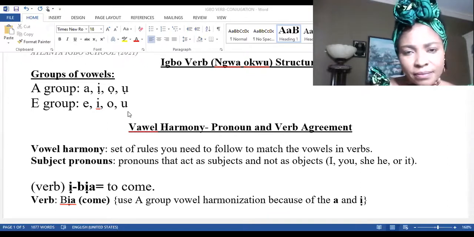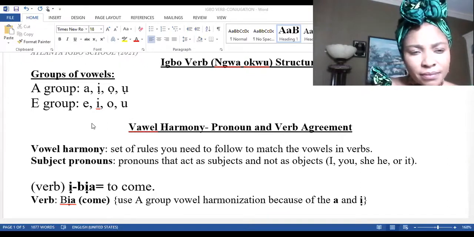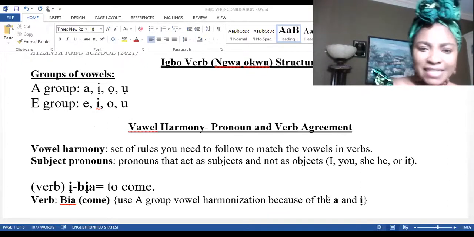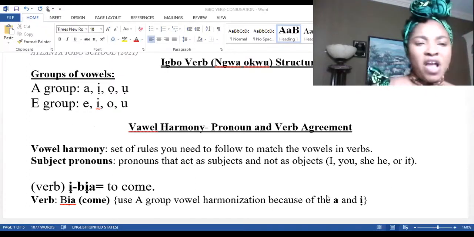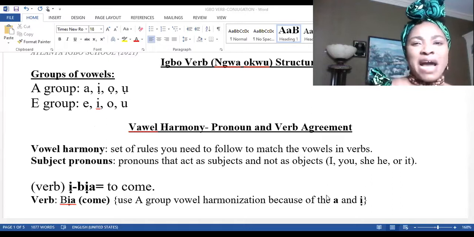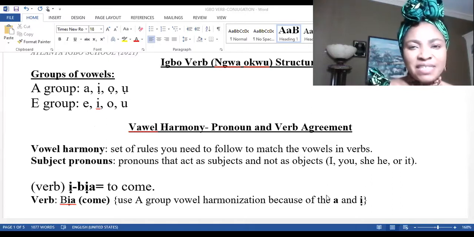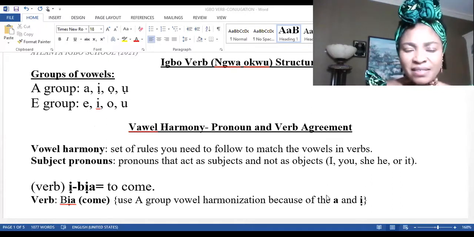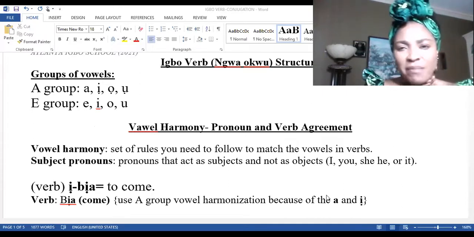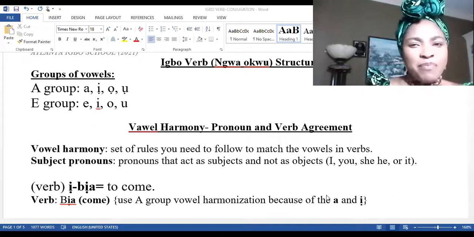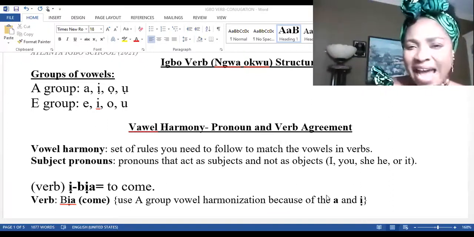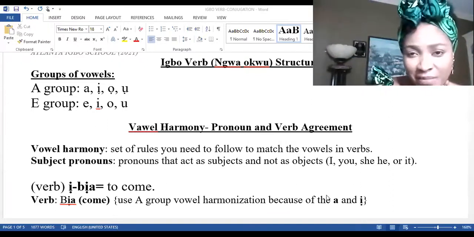I was just wondering what present perfect tense is. Okay, remember when I say anamabia, it means I am coming. Do you see that? I am coming.